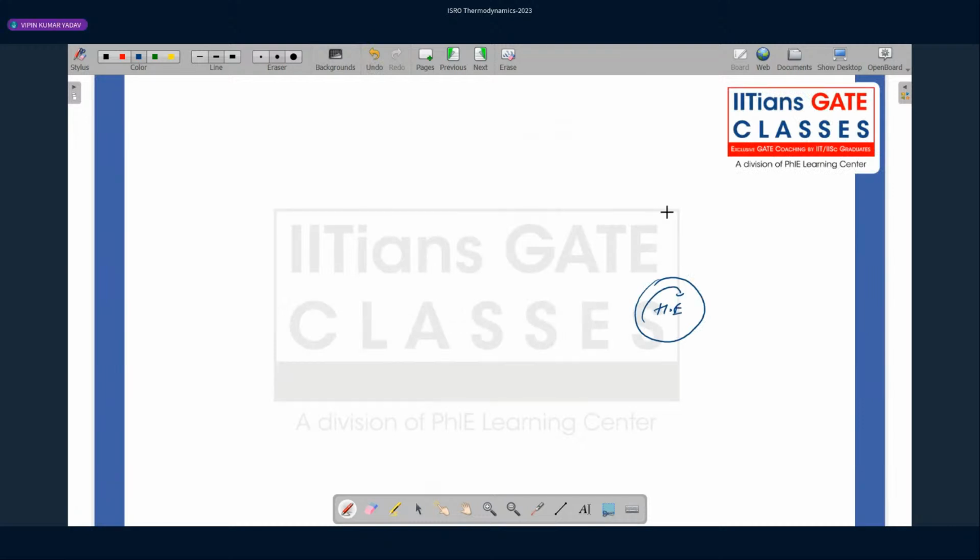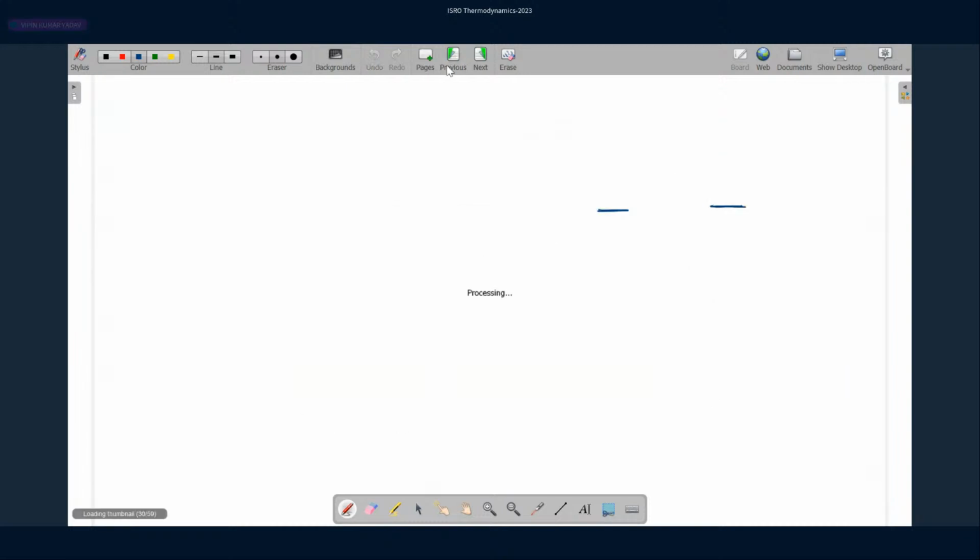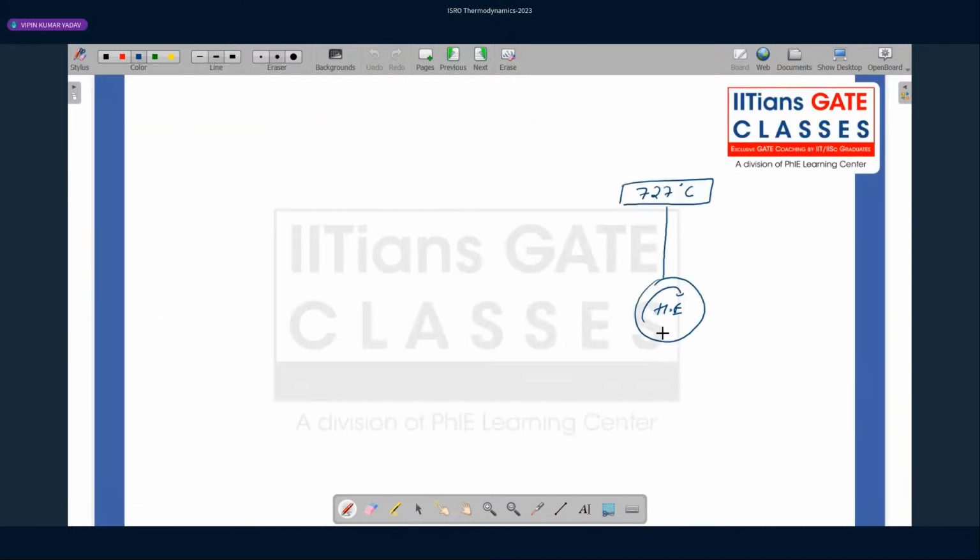that is Carnot and it is working between 727 degrees Celsius and 227 degrees Celsius. It is absorbing heat from here, giving heat here and producing some work output.